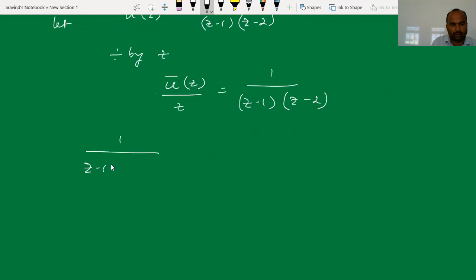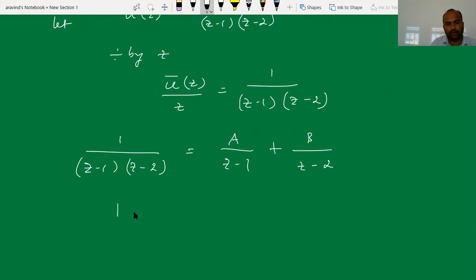1 by (z minus 1) into (z minus 2) is a by (z minus 1) plus b by (z minus 2). When you simplify it, just cross multiply: a into (z minus 2) plus b into (z minus 1).